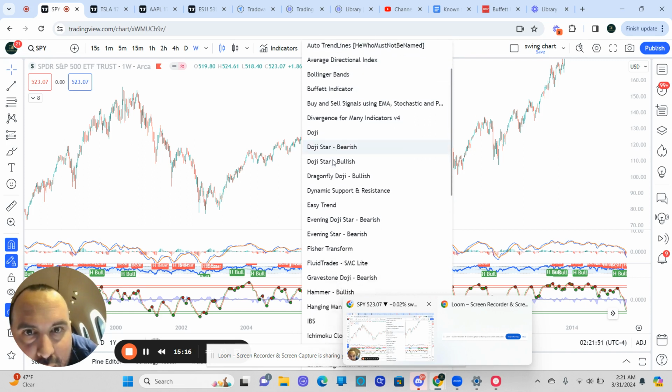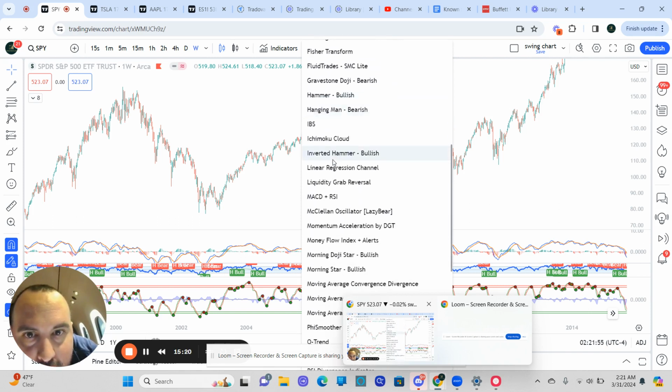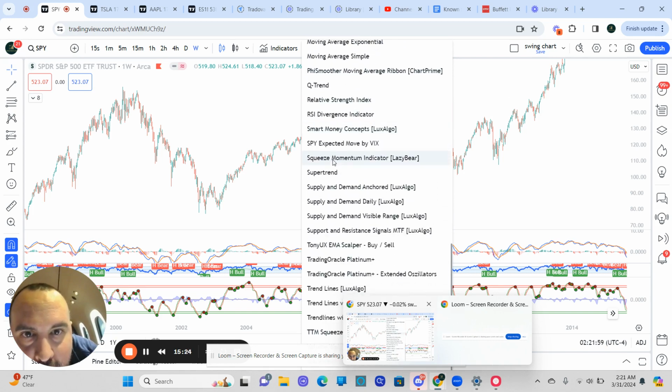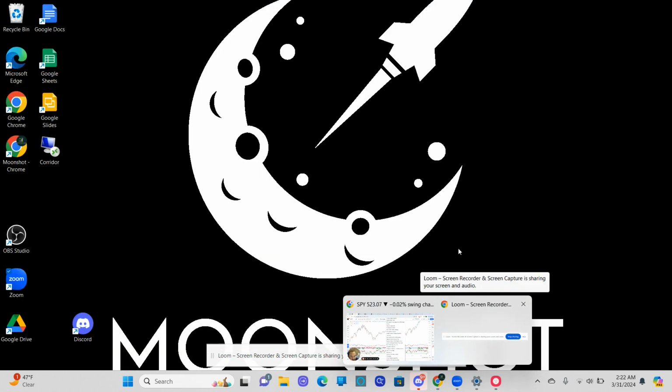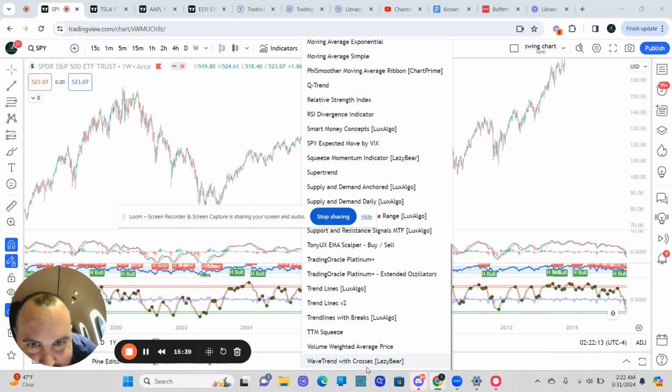Sorry, guys. I'm not seeing it here. Unless it's that bottom one that I can't see, because you guys are probably like, it's right there. Yeah, it is. So it's called Wave Trend with Crosses. Sorry, the recording thing was in my way. It's the last indicator.